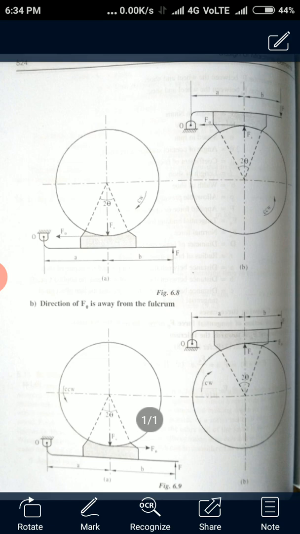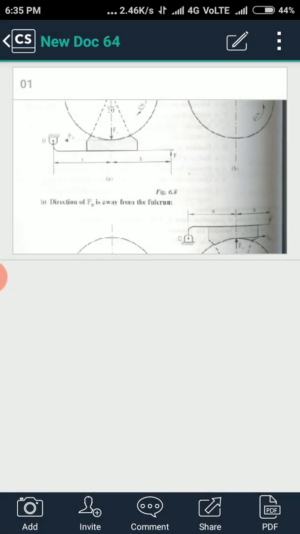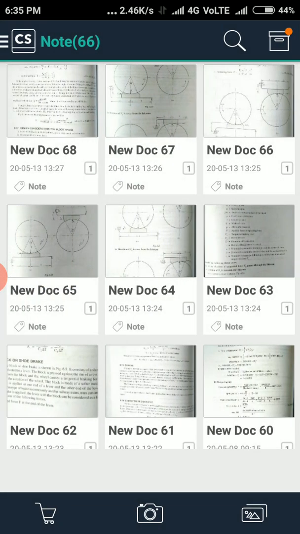See the direction of F theta: it is moving towards the fulcrum O. Even in figure B, the block is at the upper side, and the drum is rotating anti-clockwise. You see the difference between the sketches, one at the lower side, the other at the upper side. The drum is rotating anti-clockwise, and the tangential force F theta again is moving towards the fulcrum O. So if the problem is of this type, then the working force is given by the formula you see here.